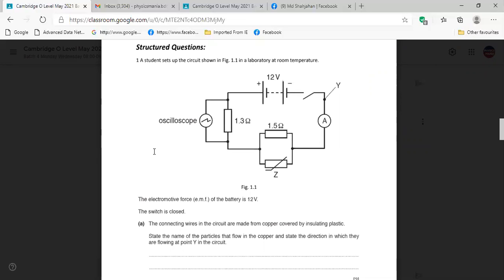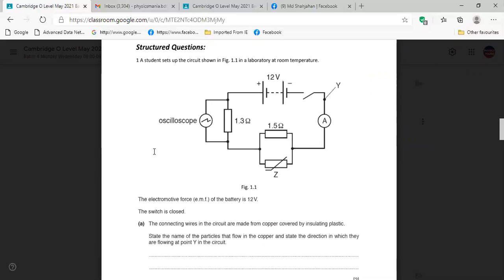If resistance decreases here, then what will happen to parallel combination resistance? Like 1.5 ohm and Z, these are parallel, right? Yes, sir.